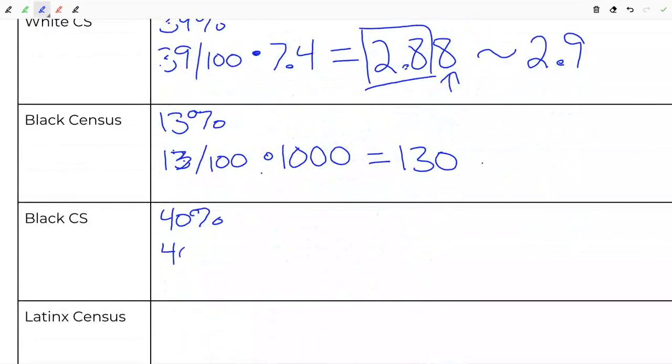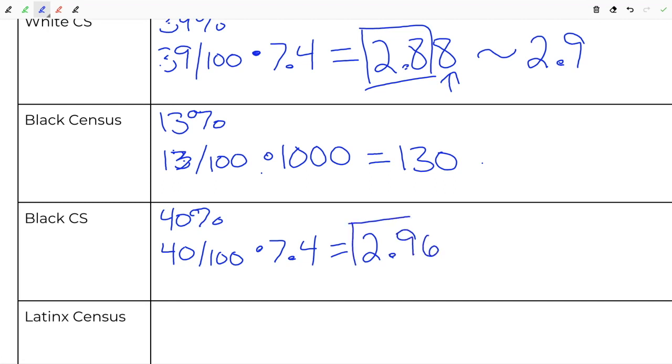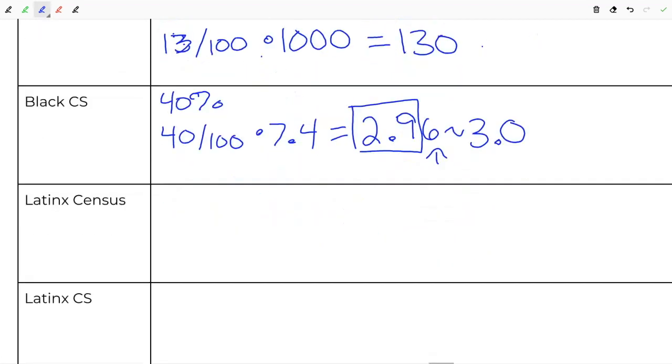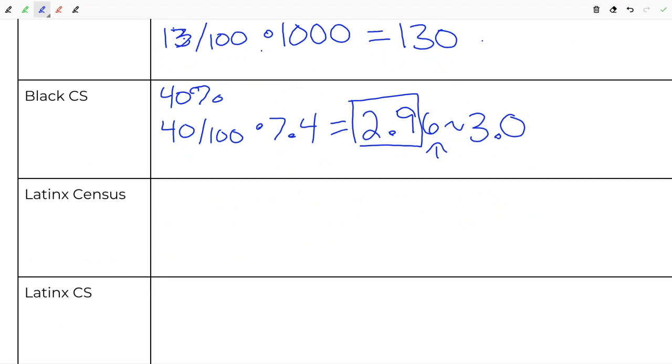So 40 per 100 times 7.4 is 2.96. Look at these two numbers, round this third one up, so we get 3.0. And that 0.0 is necessary because it tells us how many significant digits we have.